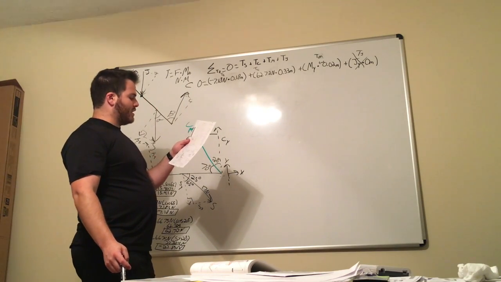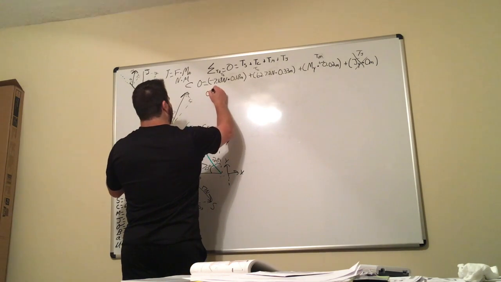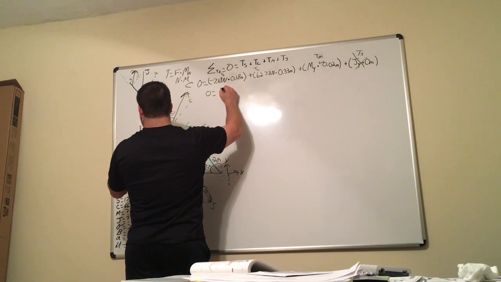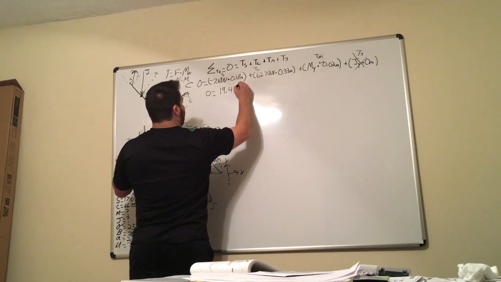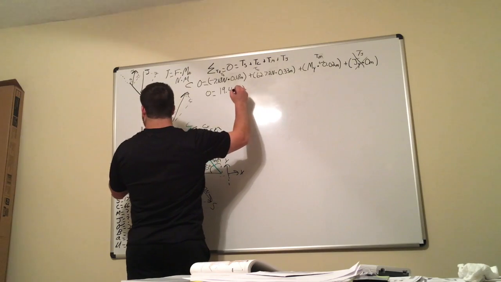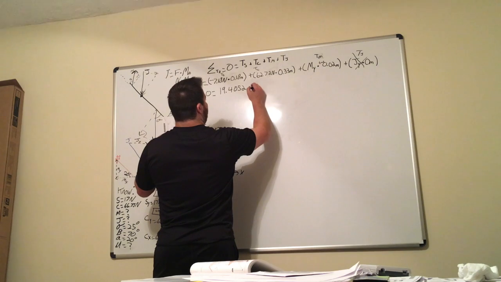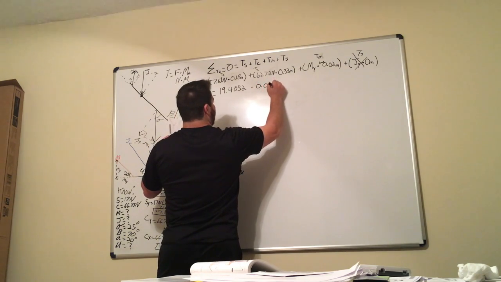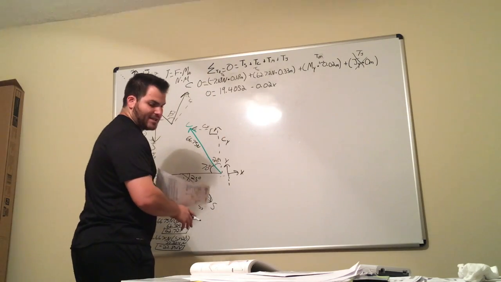So when you do that and you combine like terms, you're going to get 0 is equal to 19.4052 minus 0.02x. Or I changed my x, but really I guess it's your M of Y.